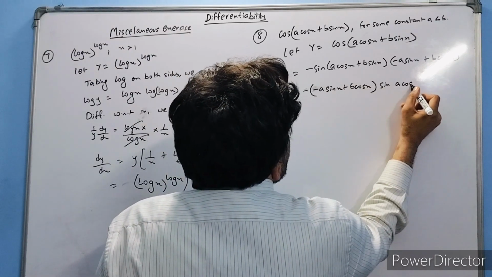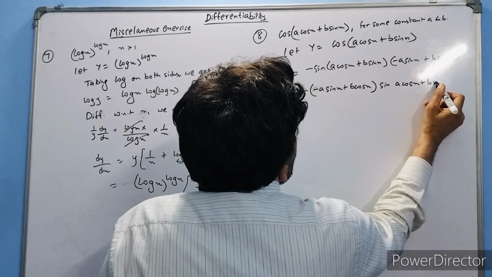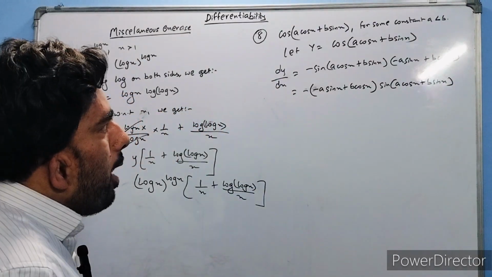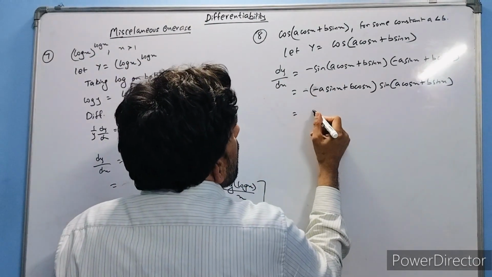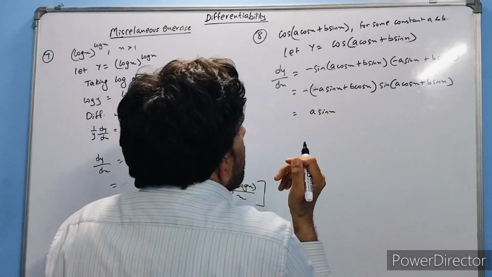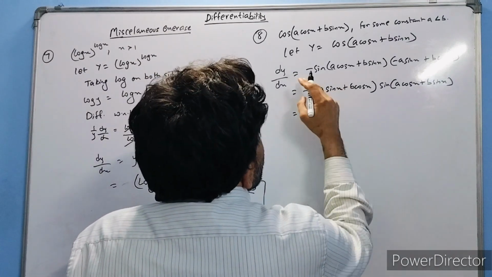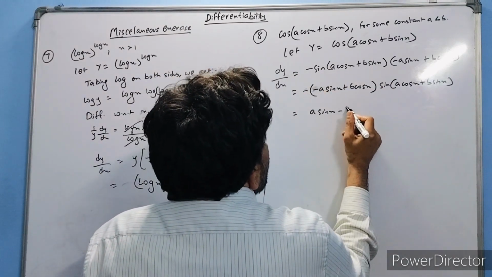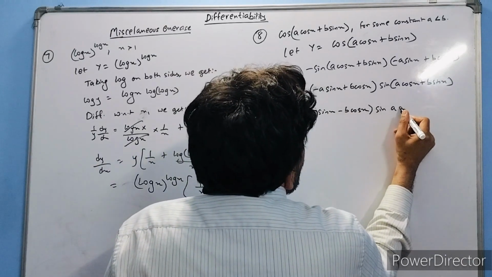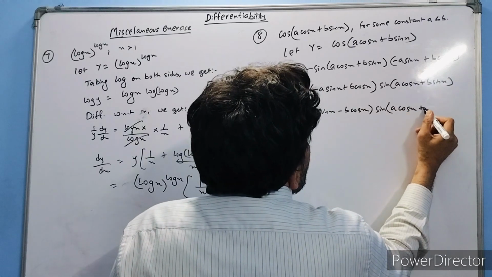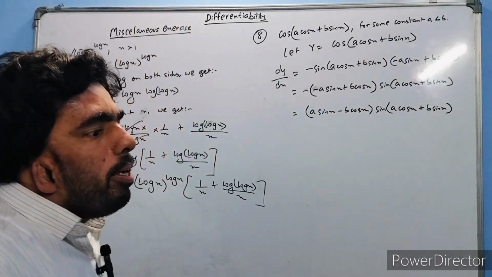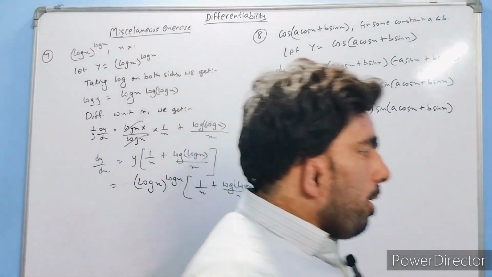Multiplying the minus inside, we have a sin x minus b cos x into sin of a cos x plus b sin x. Okay, so that is how we are able to differentiate the given function.